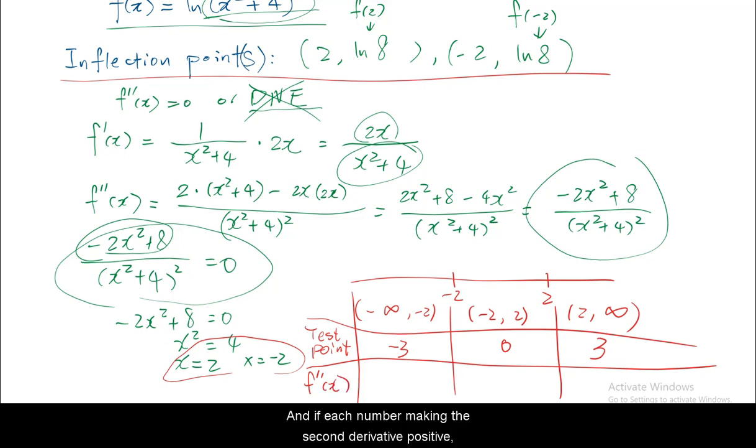And if each number is making the second derivative positive, then the whole interval is concave upward, and if the second derivative is negative during that interval, then the whole interval is concave downward. So let's check. If you plug in negative 3 into the second derivative of f of x, you have negative over here, positive here, and negative again over here.